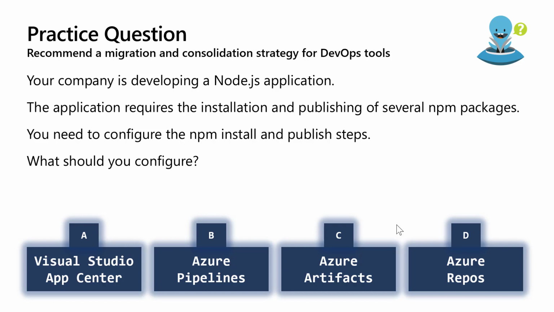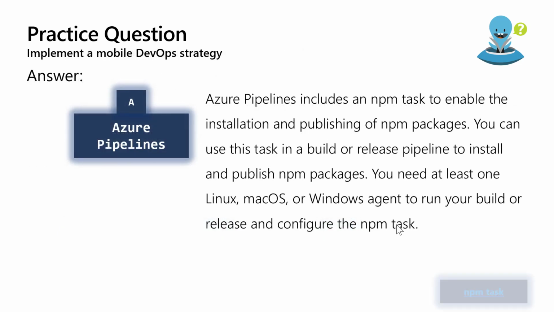Azure Repos is where we talk about source control, and using NPM packages is not really going back to the source control itself. And Visual Studio App Center is what we're going to use to publish, but not integrating in this way because it's not really Azure DevOps related, or not per se.